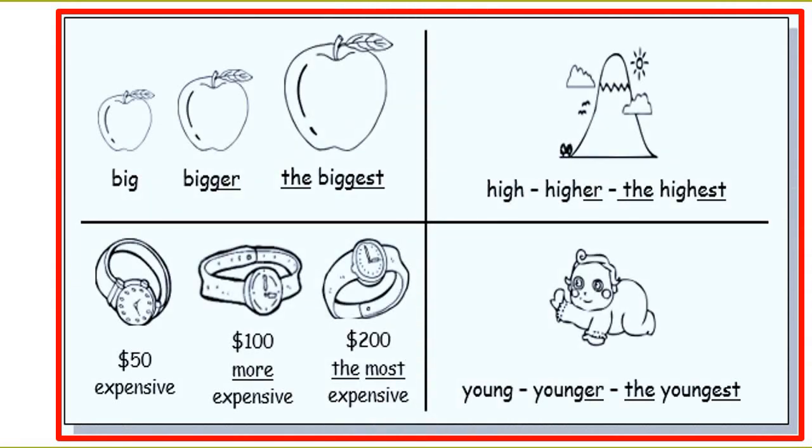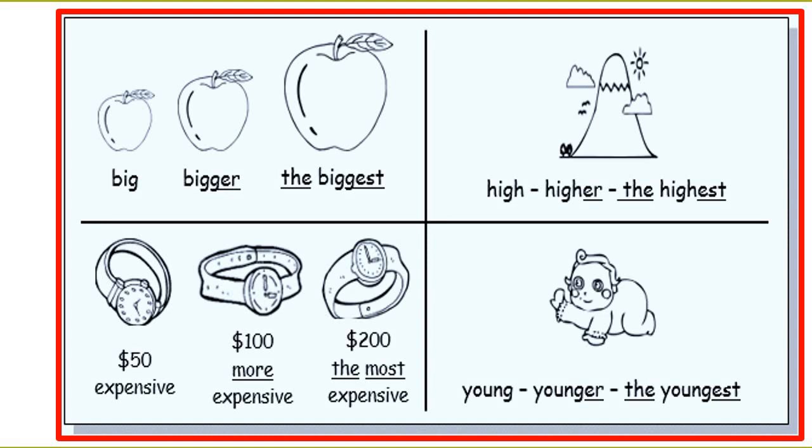In this slide, I have given you the adjective, comparative form and the superlative form with the relevant pictures. Look at the first picture. There are 3 apples, big, bigger and the biggest.